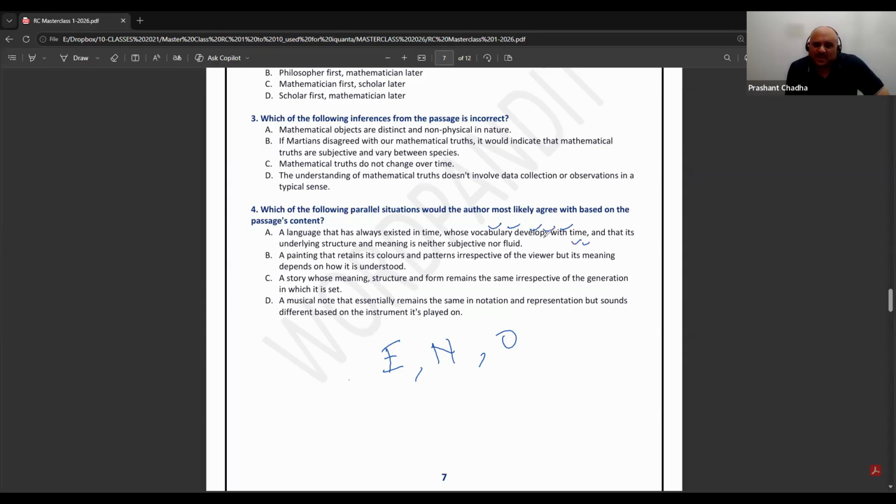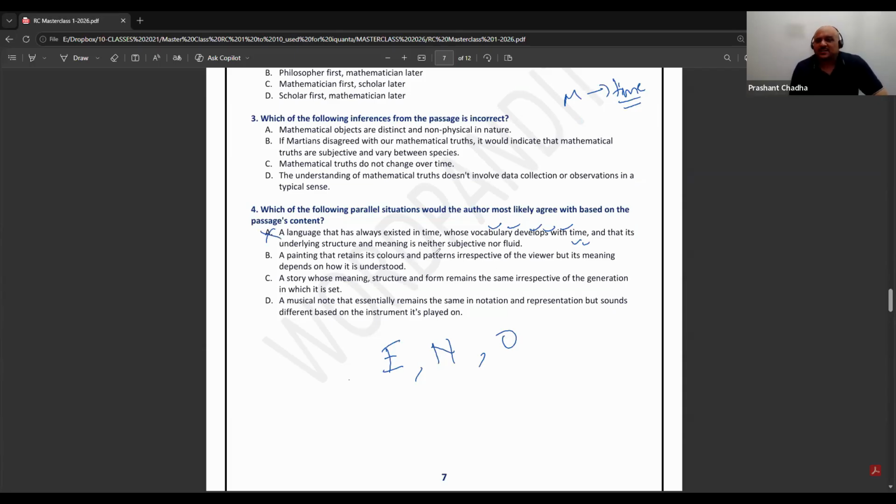So if its vocabulary is developing with time, that means the language is changing with time. Can we allow it to change with time? Does mathematics change with time? Mathematical truths remain the same. They are eternal in nature. The truth cannot change, right? So this gets ruled out.